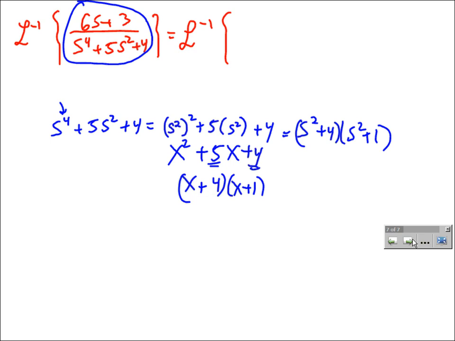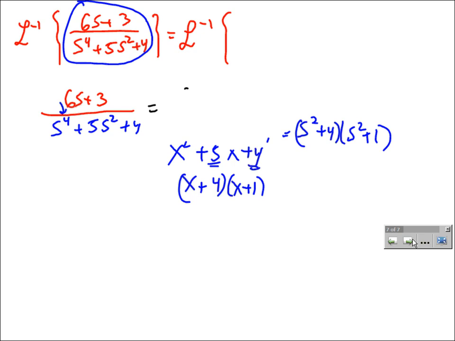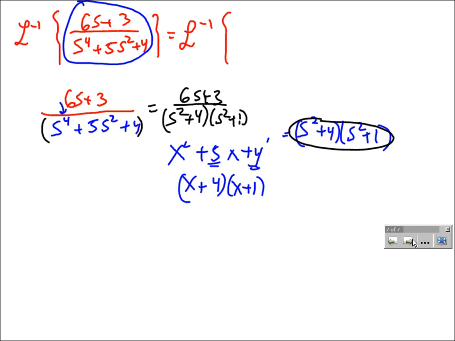So now we have that 6s plus 3 is equal to 6s plus 3 all over this. So that's what you got when you factor that bottom. S squared plus 4, s squared plus 1.